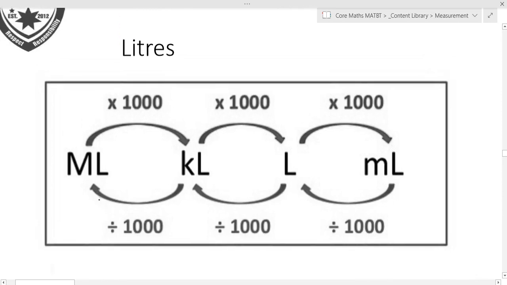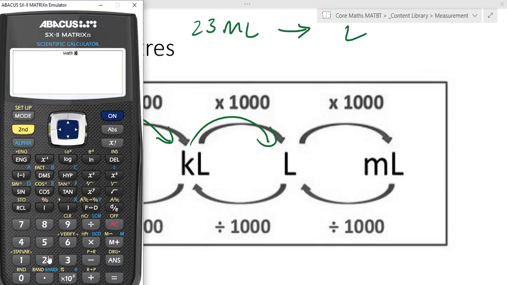So let's say, for example, I have 23 megaliters. How do I convert that into liters? According to this, it's going to be times by 1,000 and then times by 1,000 again.